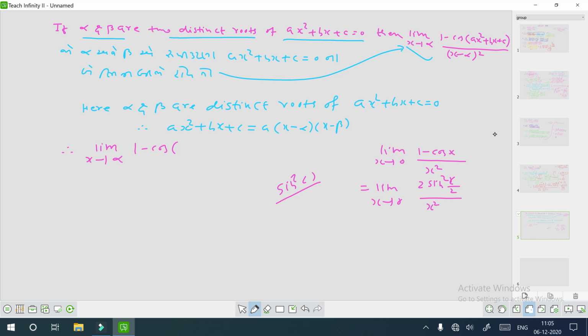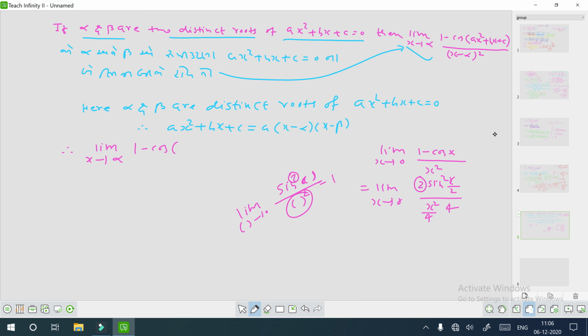Sin square of some angle is given to us. In the denominator we need that angle square, and the limit as that angle tends to 0 comes out to 1. So sin square of some angle is given, we need that angle square. So here we need x square by 4, so multiply and divide by 4.